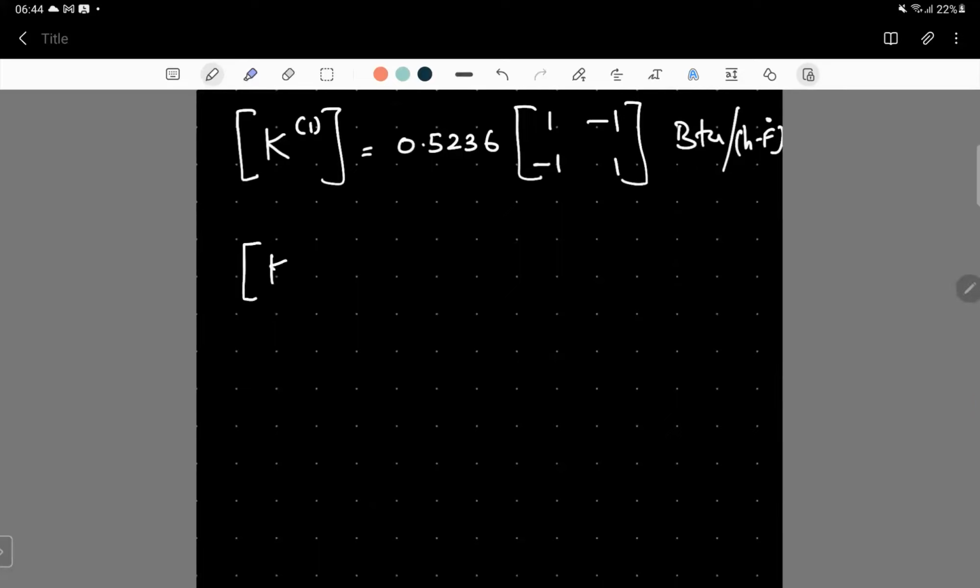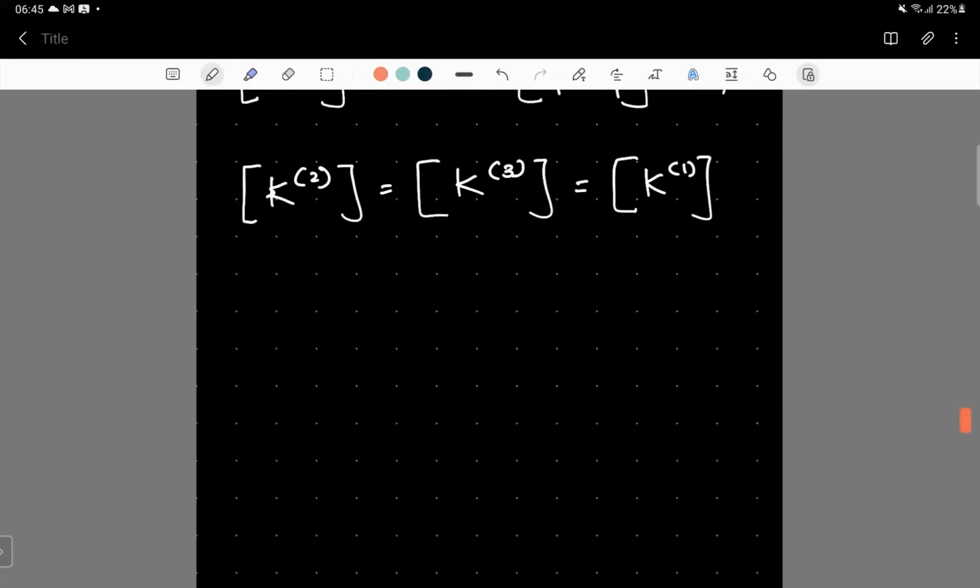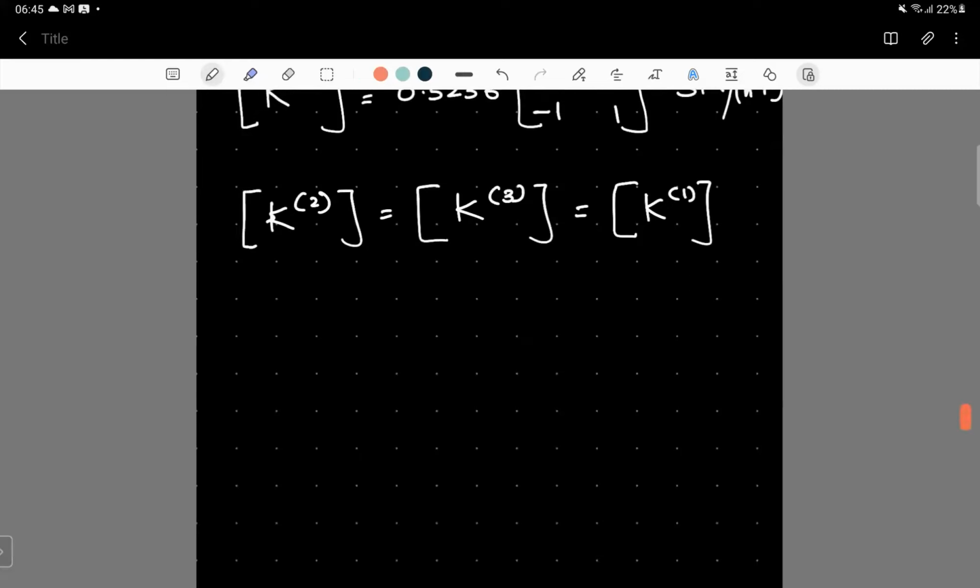So the element stiffness matrix of element number 2 will be equal to the element stiffness matrix of element 3. As I mentioned before, element 4 would be different. In addition to the conduction heat transfer contribution, there will be an additional convective term due to the heat loss from the flat surface at the right hand side end.